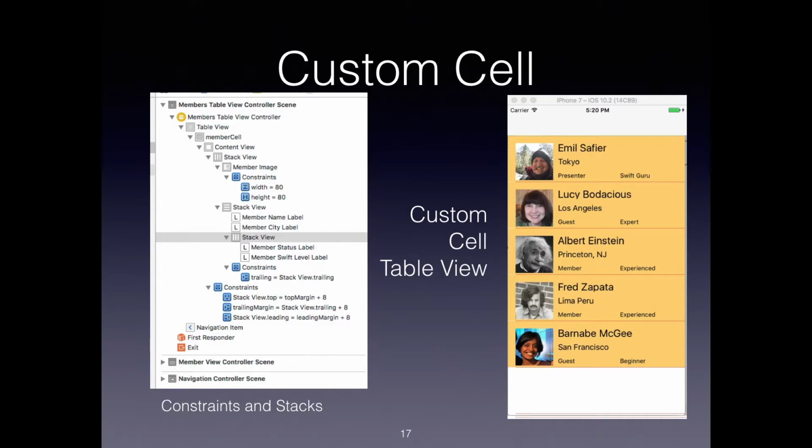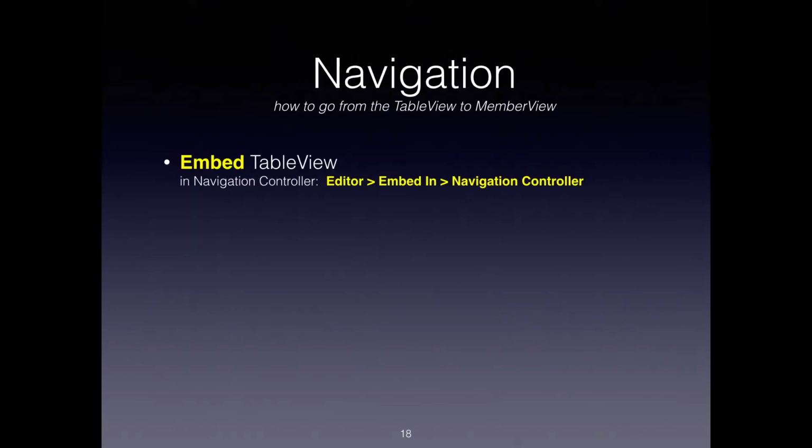Then that stack plus the label Los Angeles, the city and the name are in a vertical stack. And then that vertical stack and the image are in another horizontal stack. So it stacks within stacks within stacks. And it gives you a relatively simple way of designing a complex view that is responsive to different ways of looking at it. Okay? But I'm not going to dwell on that.